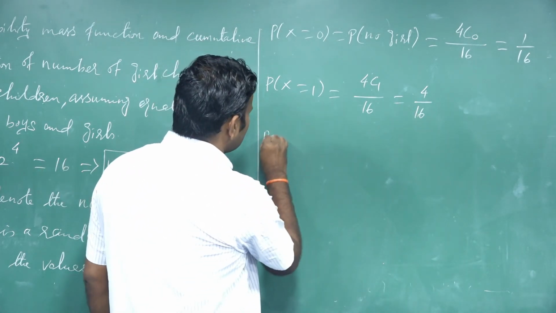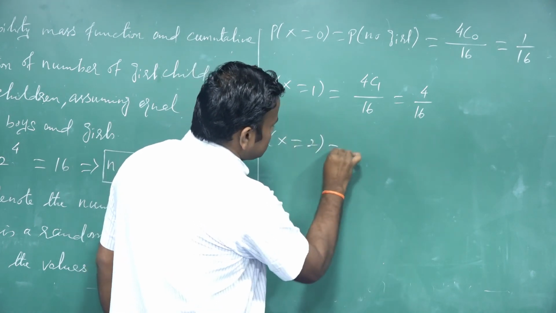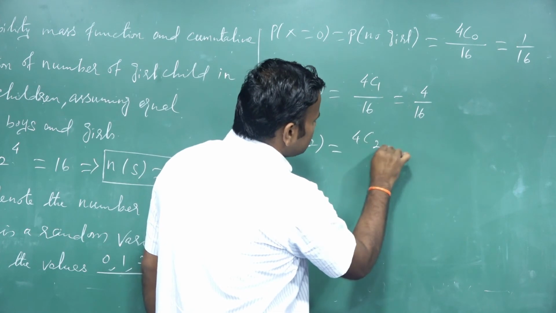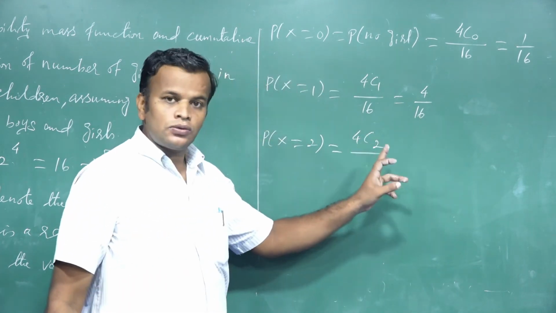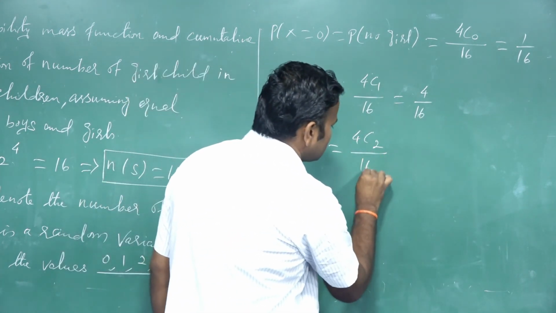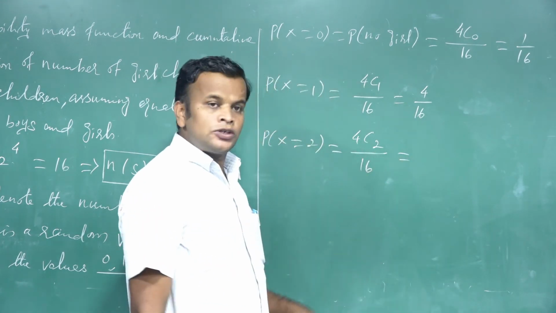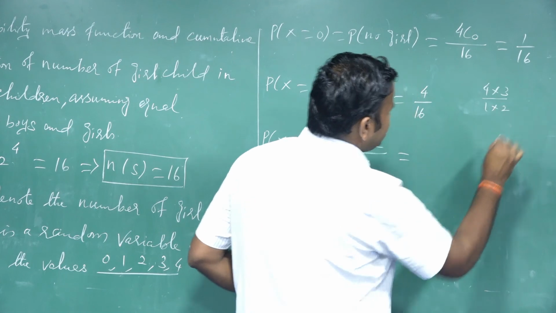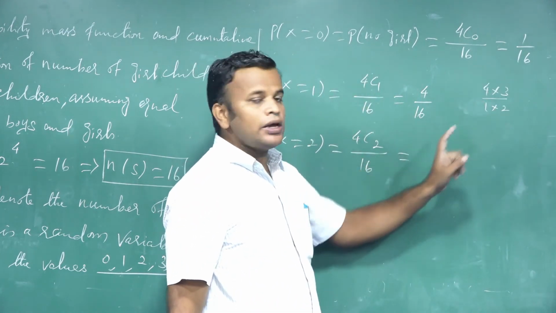Next one. P of x equal to 2. Out of 4, we assume 2 will be girls. So 4C2 by 16. The value of 4C2 is 4 into 3 by 1 into 2.